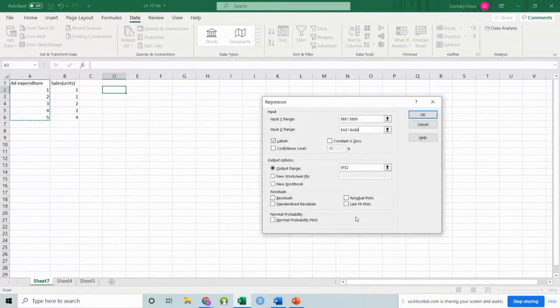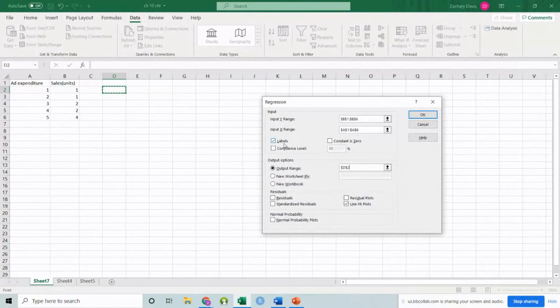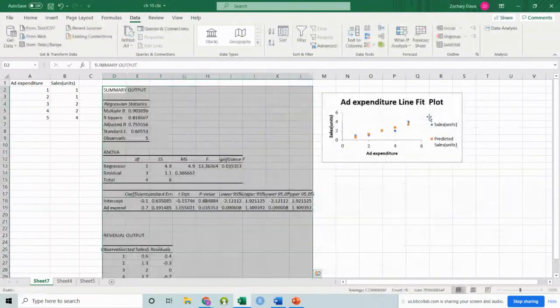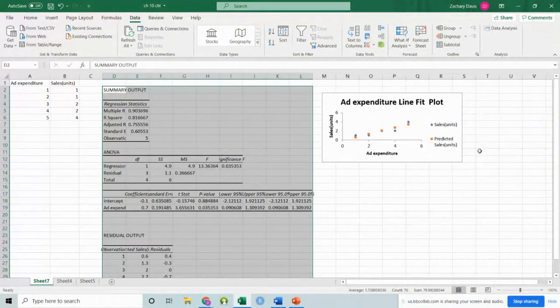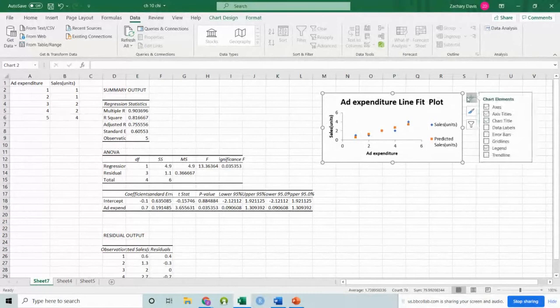Let's see, add line fit plots so you can see how it generates the scatter plot. Now we'll put the data here. So we put labels. It'll generate a confidence interval anyways. I don't know if we'll get into probability plots right now, but you can see it generates a scatter plot just like we did inserting.